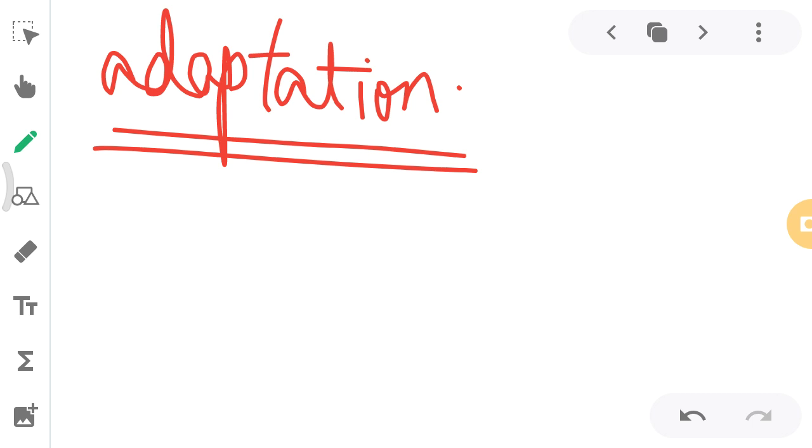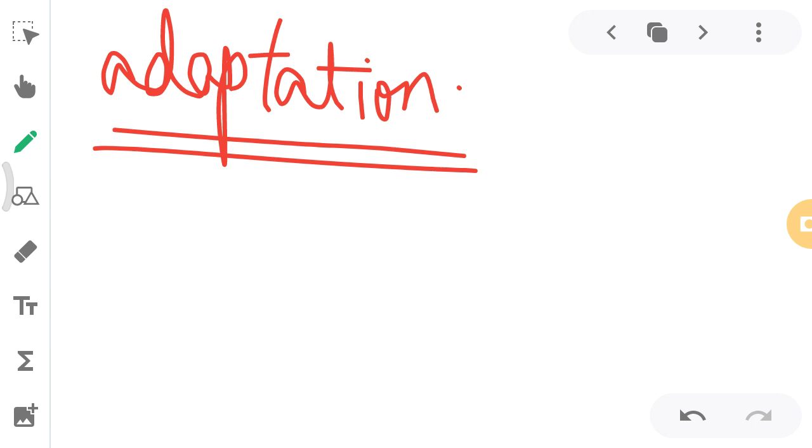So let us understand this. The presence of specific features or certain habits. Let us take the example of camels. Normally, every animal is adapted to its surroundings.